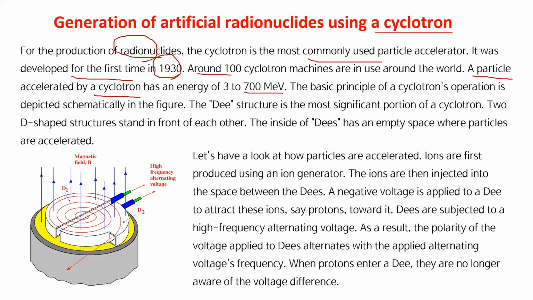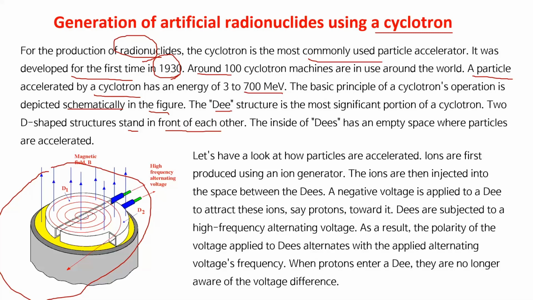The basic principle of a cyclotron's operation is depicted schematically in the figure here. The D structure is the most significant portion of a cyclotron. Two D-shaped structures stand in front of each other.